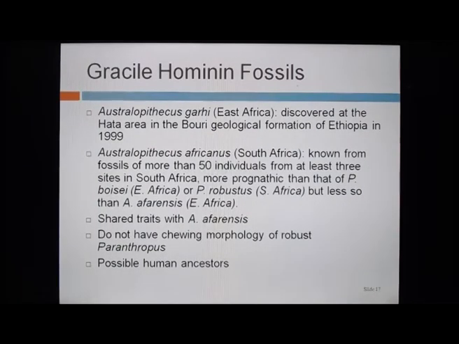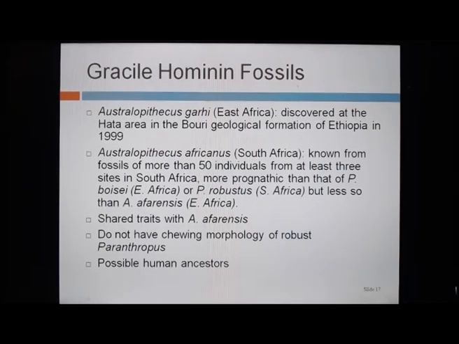Gracile hominid fossils. Australopithecus garhi from East Africa, discovered at the Hata area in the Bouri geological formation of Ethiopia in 1999. Australopithecus africanus from South Africa, known from fossils of more than 50 individuals.